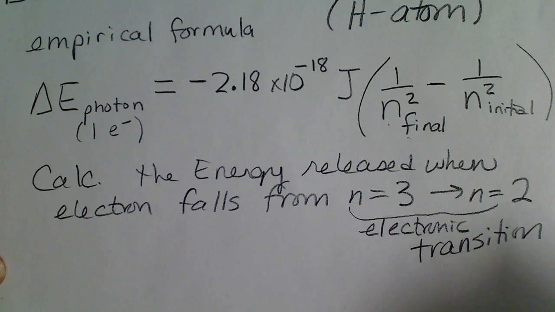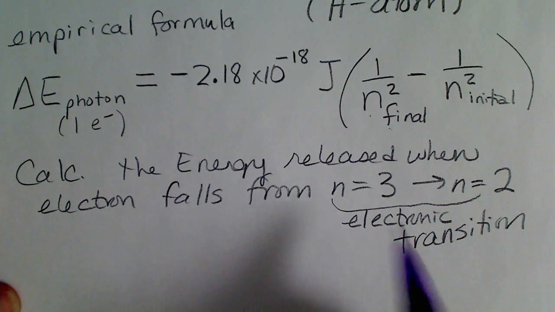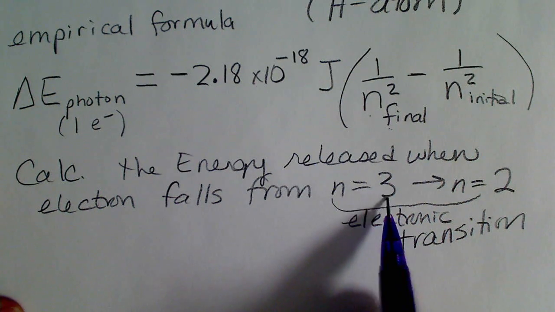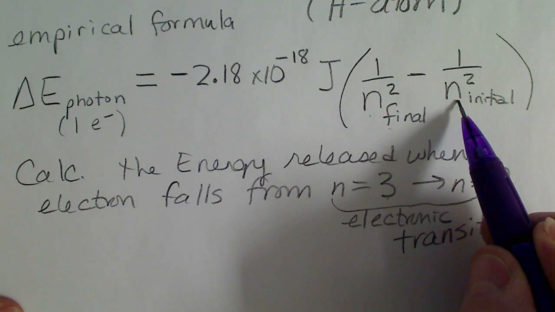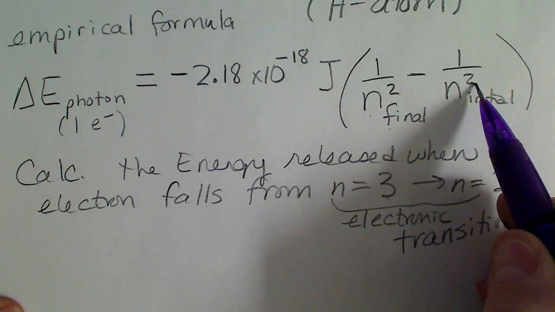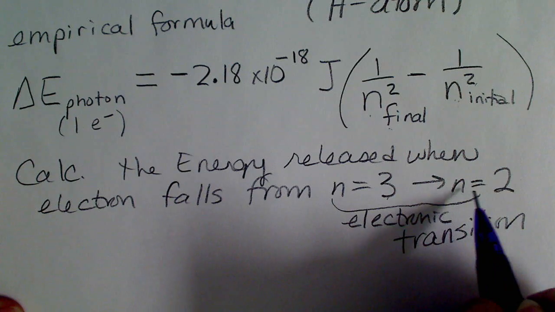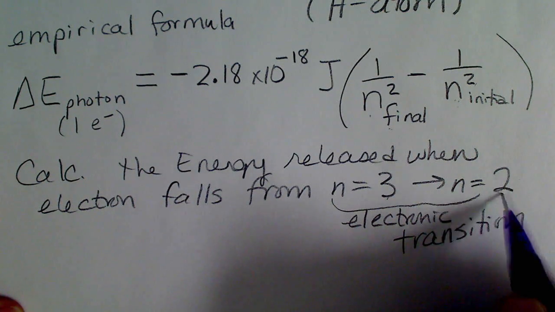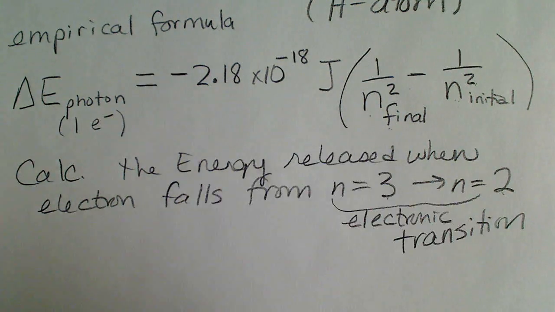Okay. So we're just going to plug 3 into the initial n value, so we'll have to put a 3 here and square it, and then the electron's final state was the n equals 2, so we'll put a 2 here and square it.